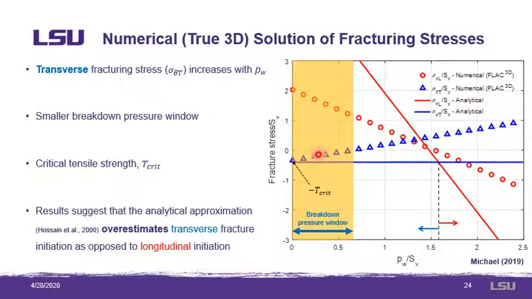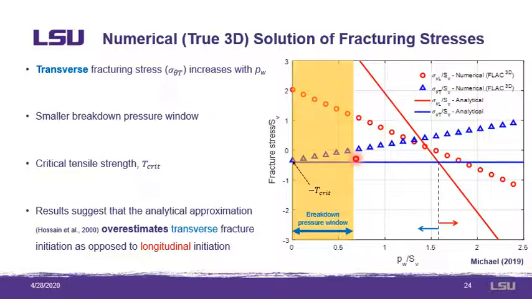If the formation you are trying to fracture has tensile strength higher than this value, there would be no fracture initiation. You cannot get that no matter what the breakdown pressure value is.